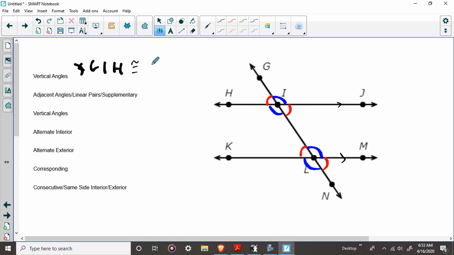And again, I can't call them just angle I because there's ambiguity there. There's question about which one is I. These both have I as a vertex, but they're opposite from one another. So another example of some vertical angles you'd have here, angle JIG is congruent to HIL.